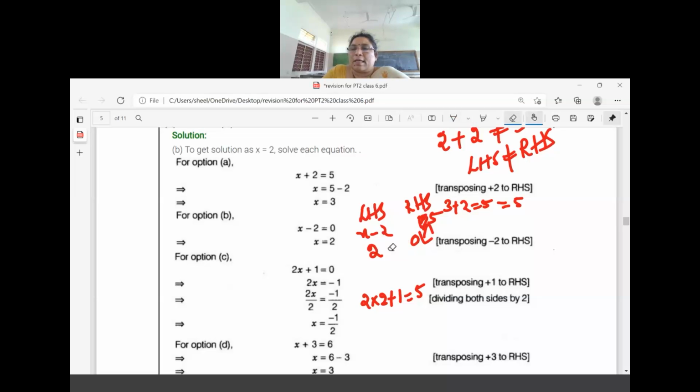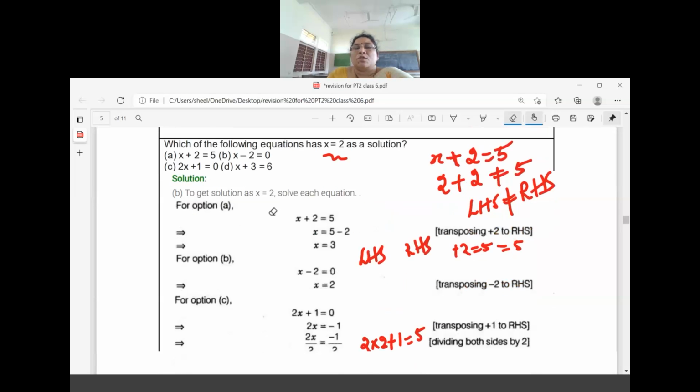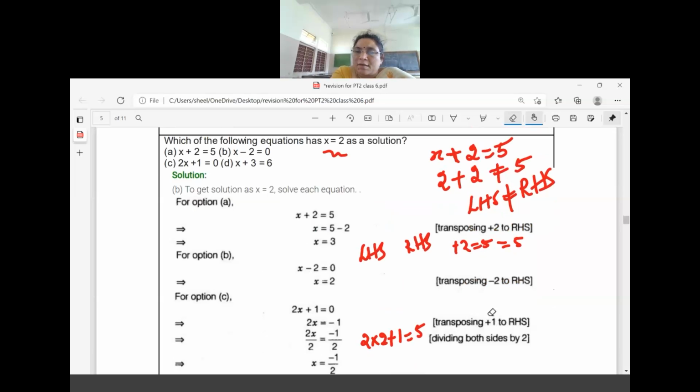Once again I'll repeat here. The second question, x minus 2 equal to 0. So what is your RHS? RHS equal to 0, LHS you are having x minus 2. 2 minus 2 is equal to 0.